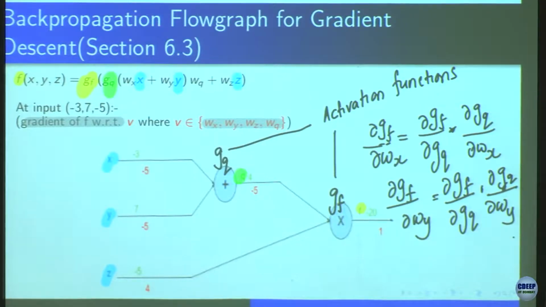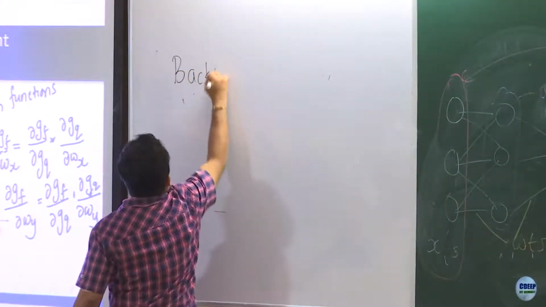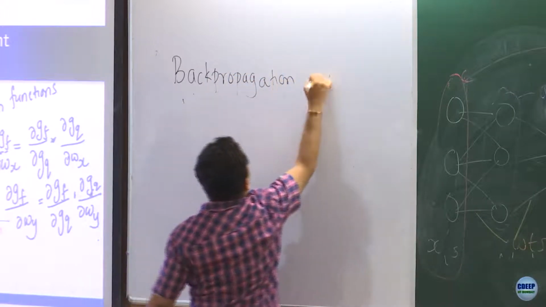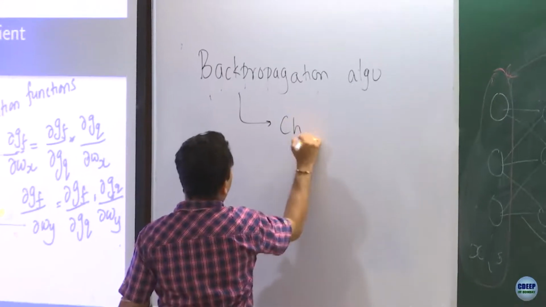Okay, so this is the basic idea. So as I pointed out earlier, the backpropagation algorithm has two components. The first is invocation of chain rule.